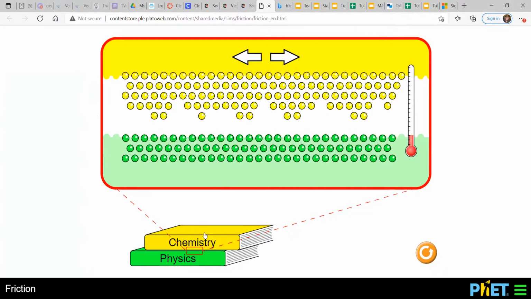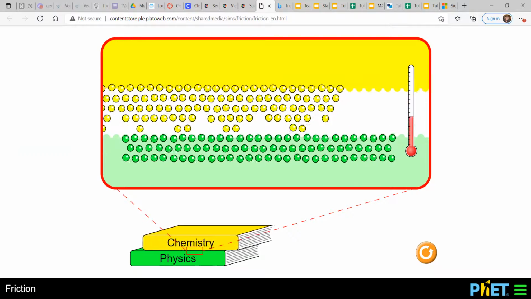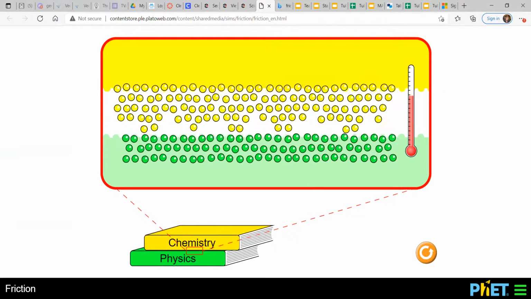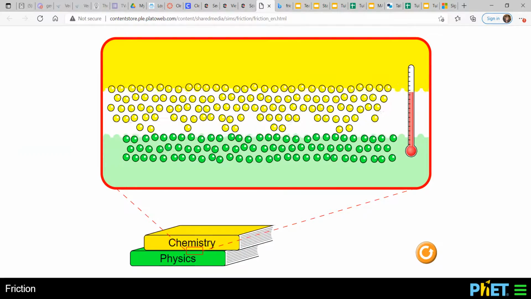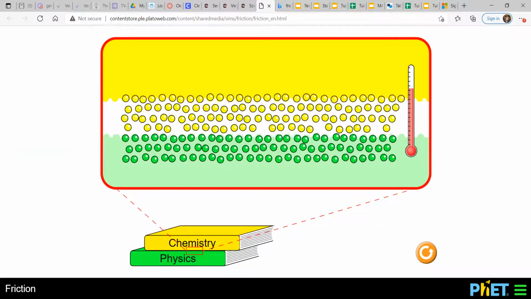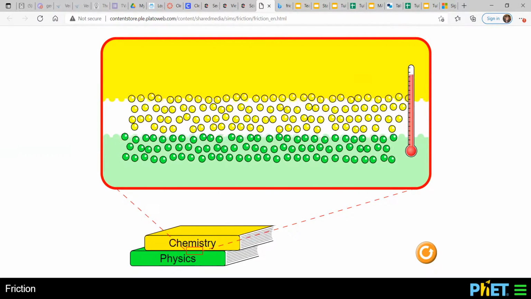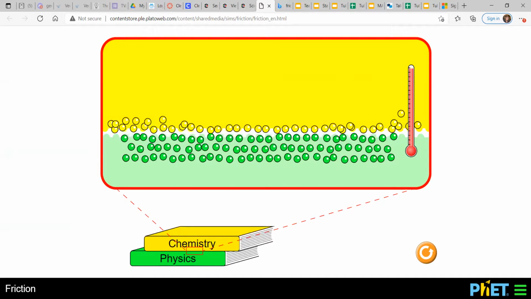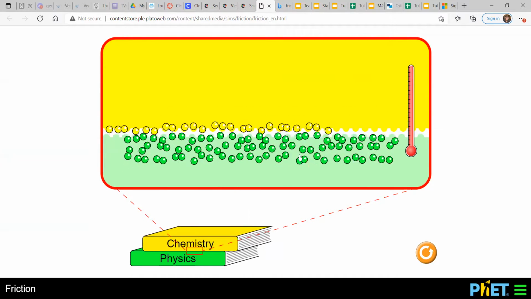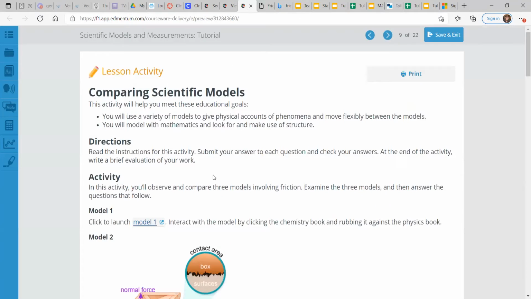So here we go. We're going to start rubbing. Okay. So what do you notice? You see the particles are vibrating. There's temperature as well. Temperature usually means some type of energy. Okay. So there's that.